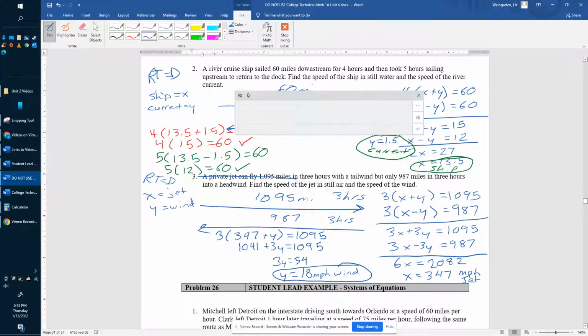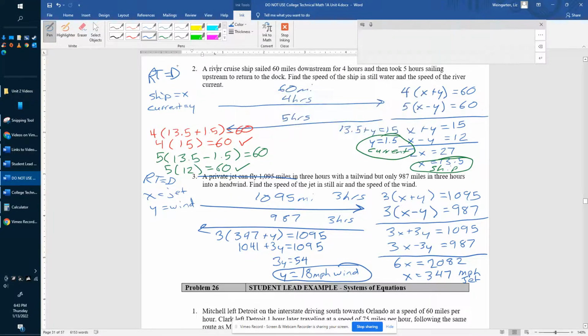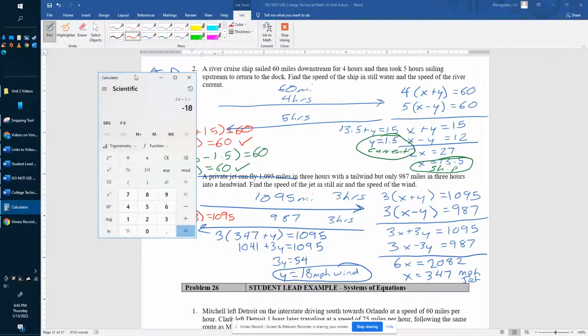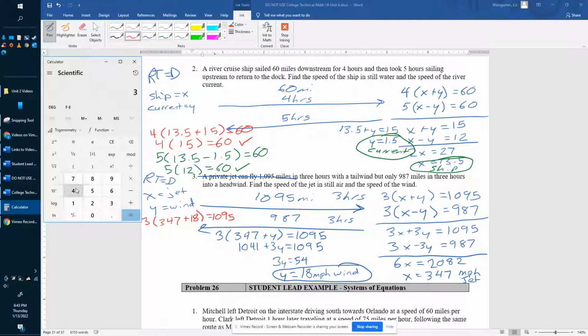Don't have a lot of space to double check these equations, but we'll give it a try anyway. So we have 3 times 347 plus 18 equals 1095. 347 plus 18 times 3 is 1095.